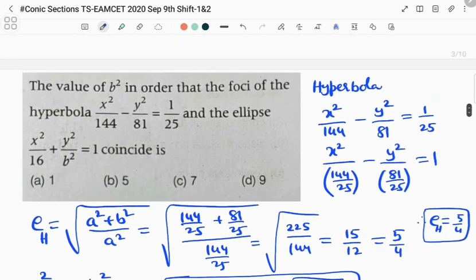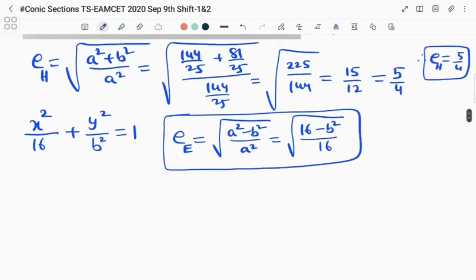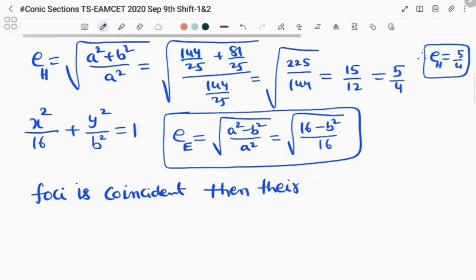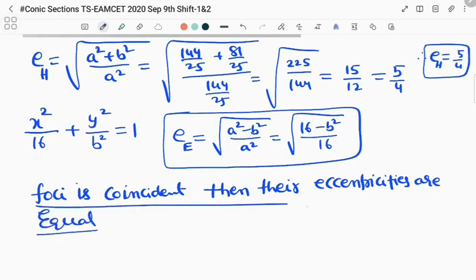So in order that the foci of the hyperbola and ellipse are coincident, whenever foci are coincident, then their eccentricities are equal. Keep in mind, dear students. So therefore EH is equal to EE.